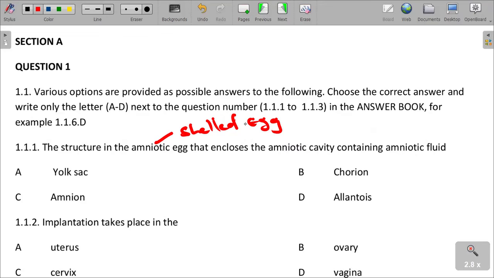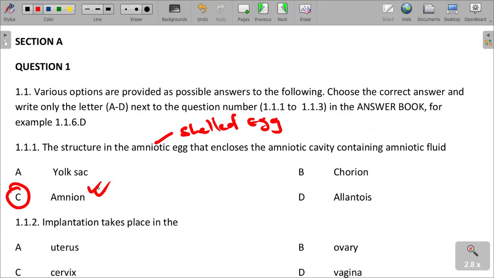And then the amniotic cavity, that fluid that encloses the developing embryo, contains the amniotic fluid. So that structure, what is it called? I'm sure that you know the yolk is for feeding and ensuring the survival or nourishment of the young one.